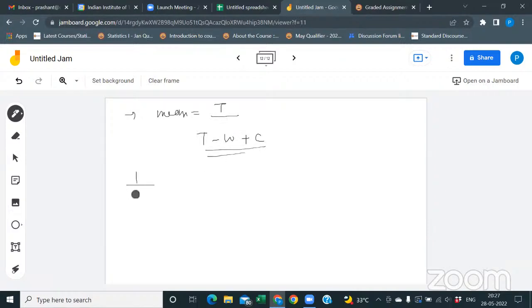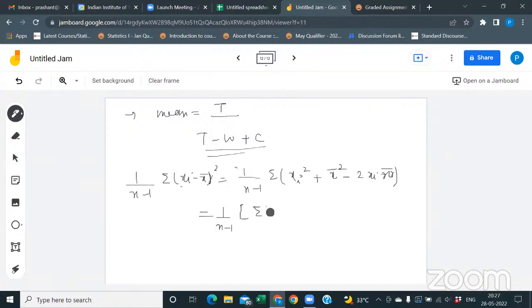Similarly, for the variance formula, what will this be? So you have to expand this one. It will be xi square plus x bar square minus 2 times xi into x bar. Right? Yes, sir. What will be the next step? 1 by n minus 1, summation of xi square plus summation of x bar square minus 2 x bar summation, applied only on xi.